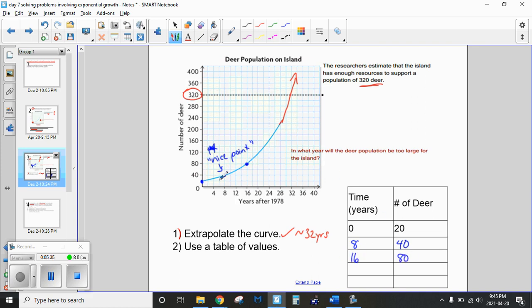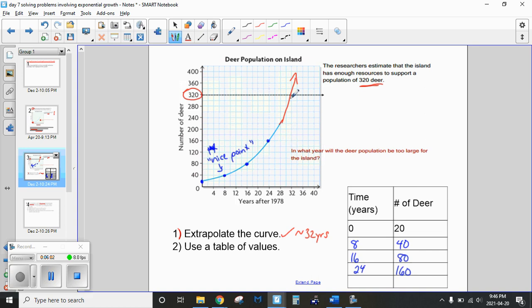All right, so this looks like every 8 years, we're at another nice point. That one has 160 deer. And I can see that we are now following a pretty clear pattern. So I'm going to go 8 years later, which is 4 grid lines. 1, 2, 3, 4.